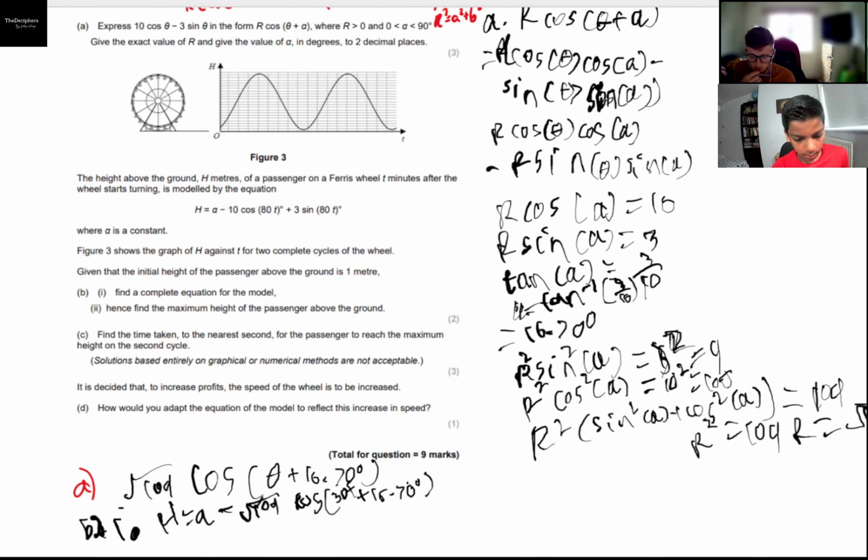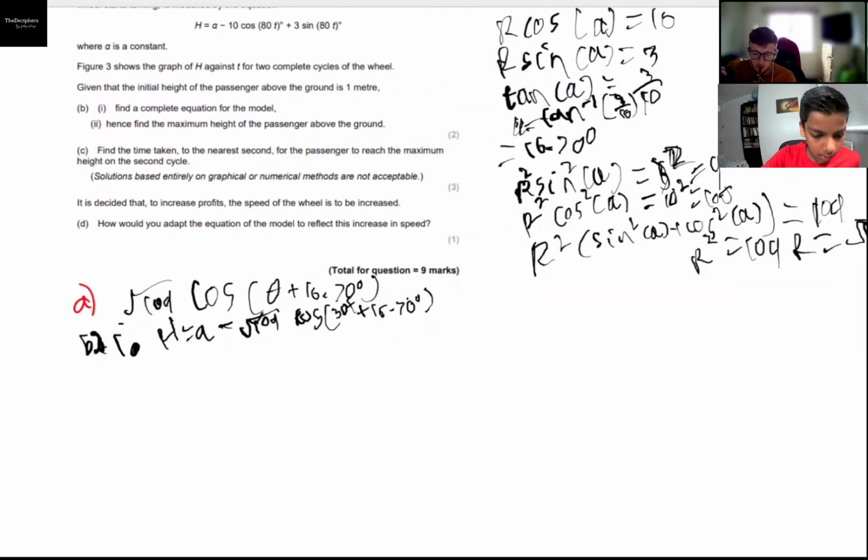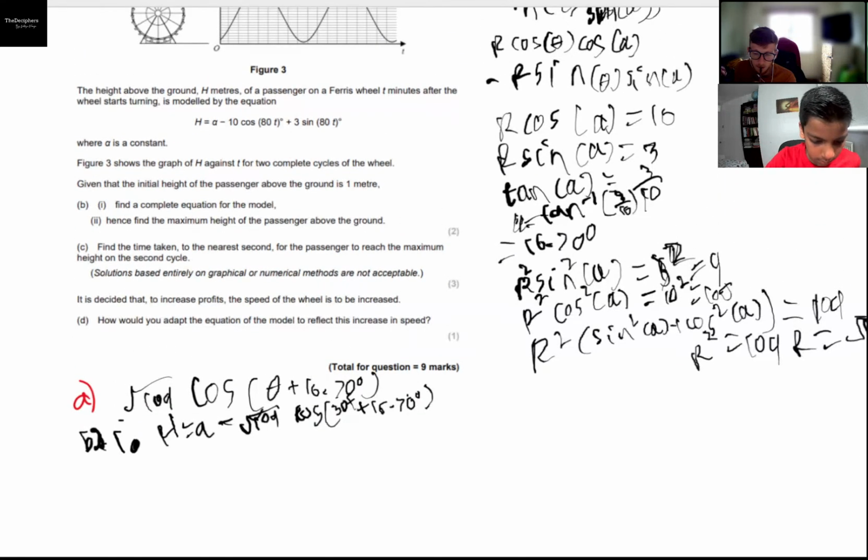Okay, so the initial height, they'll tell us what it is when t is 0. So you're going to put t is 0 into the equation you just wrote? No, we're going to do it in the starting equation because then it's easier to sub it in, because we know what cos of 0 is, and we know what sine of 0 is too.